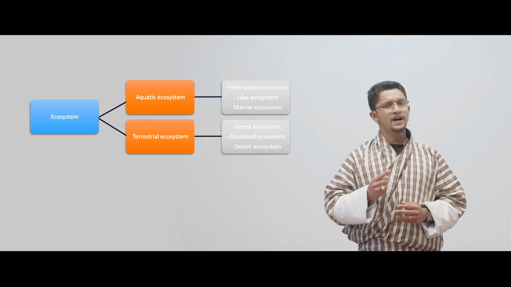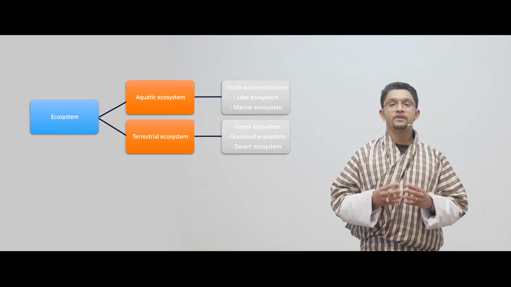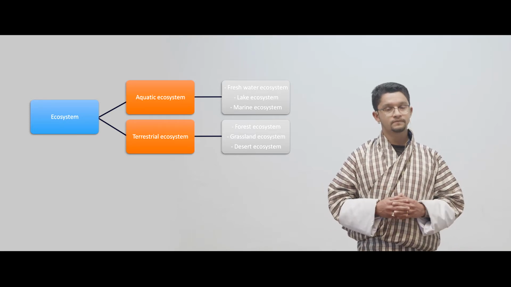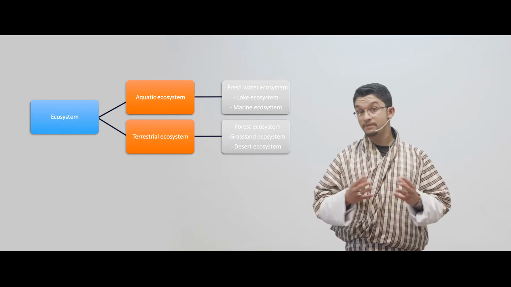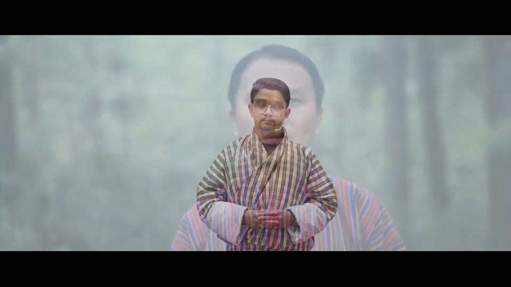It is not just one type of forest. There can be different types of forests. Simply, like broadleaf forest can be considered as one type of ecosystem. Similarly, temperate forests are there. All these different types of forests are different types of ecosystems. That's the terrestrial ecosystems of Bhutan.